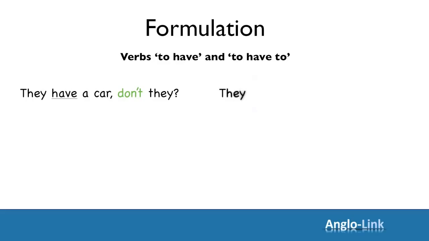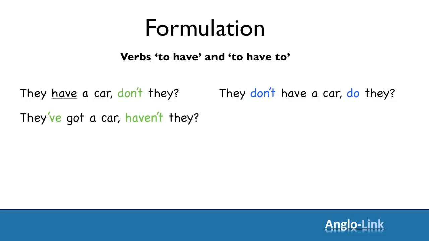In the negative, you can already see the auxiliary. They don't have a car, do they? Now, if you use the word get or got with these expressions, you end up with a sentence like this. They've got a car, and this time you can use the word have as your auxiliary. They've got a car, haven't they? They haven't got a car, have they?